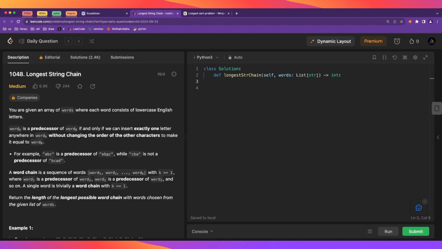So we are going to create an adjacency list of this graph. That's the representation. Eventually we're going to use DFS to do the memoization that I said.